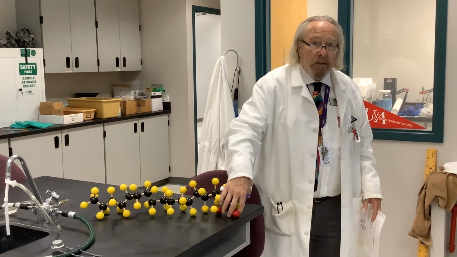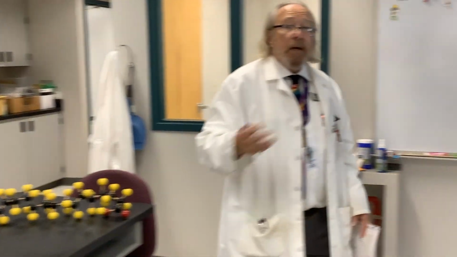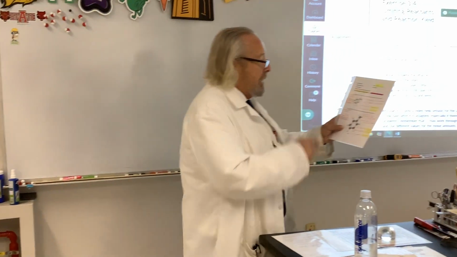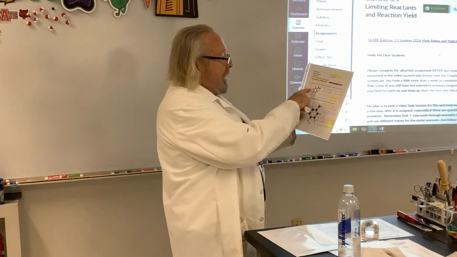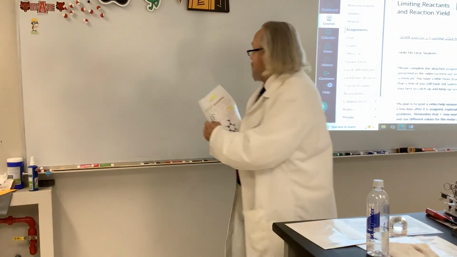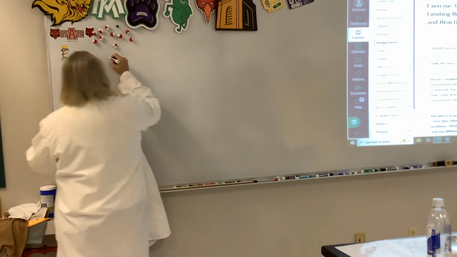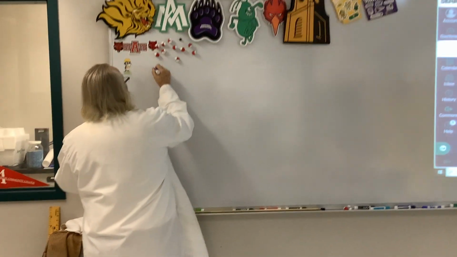Oxygen is red by convention, and nitrogen is blue. Well, on this one, if you count up the black atoms and the white atoms, you'll see that there are 8 carbons and 8 hydrogens in styrene.